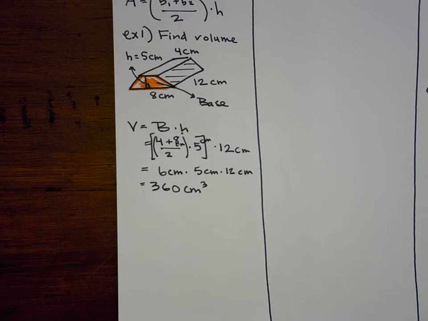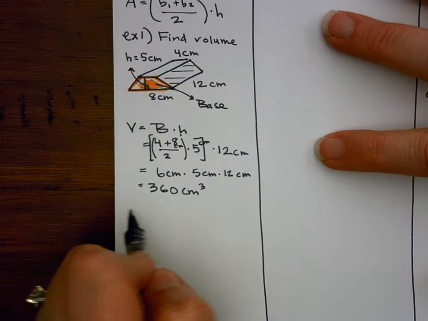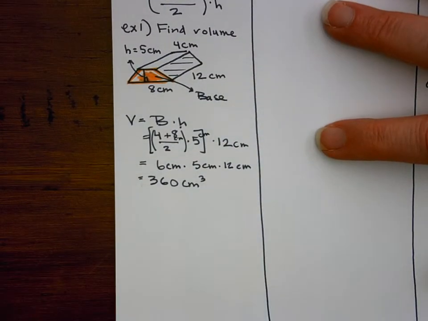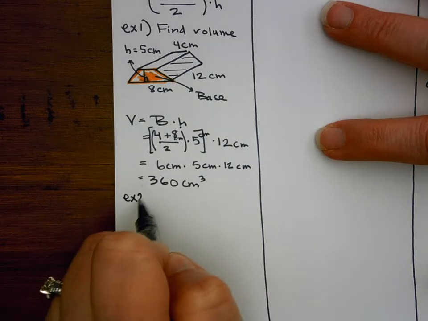Okay, so then the other object that I'm calling a prism is a cylinder. Okay. So the cylinder was on the Objective 0 worksheet as well. So I'm just going to do just one example here. So example 2, find the volume.